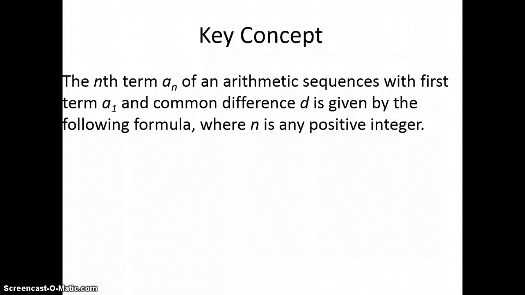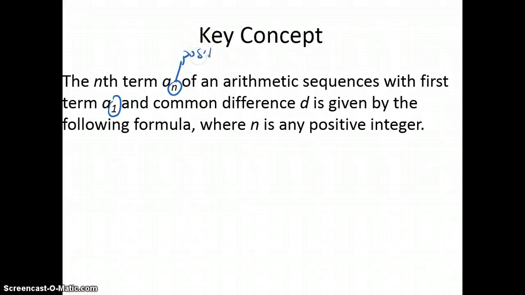Now we're going to get into more of the Algebra 2 portion of it. The first key concept: the nth term, which is represented by a sub n, of the arithmetic sequence with first term a sub 1. This subscript always tells us what position.